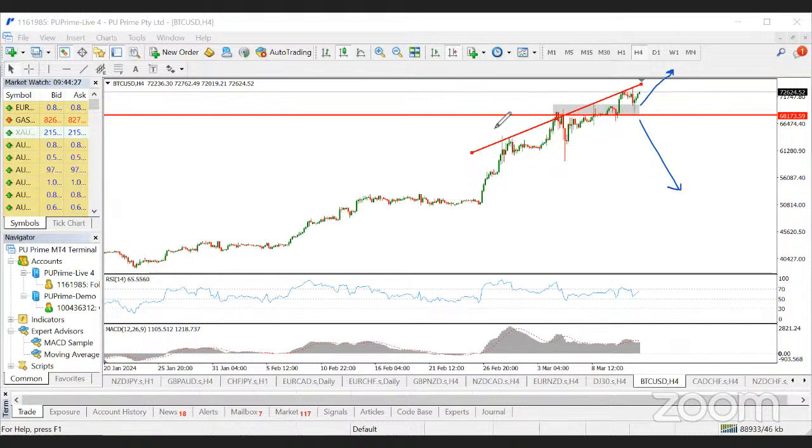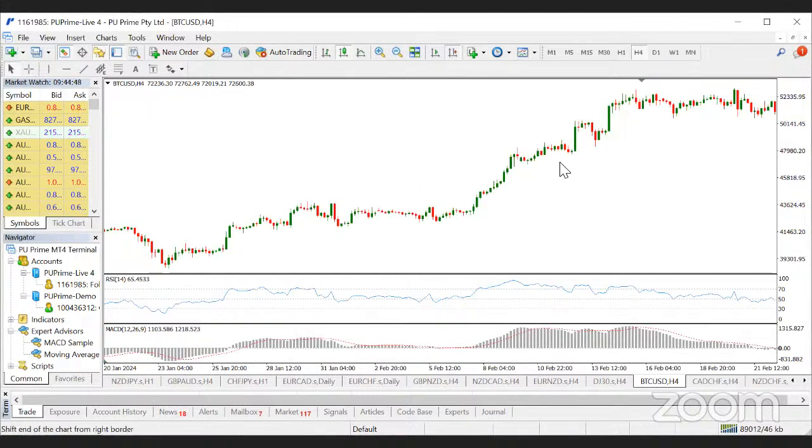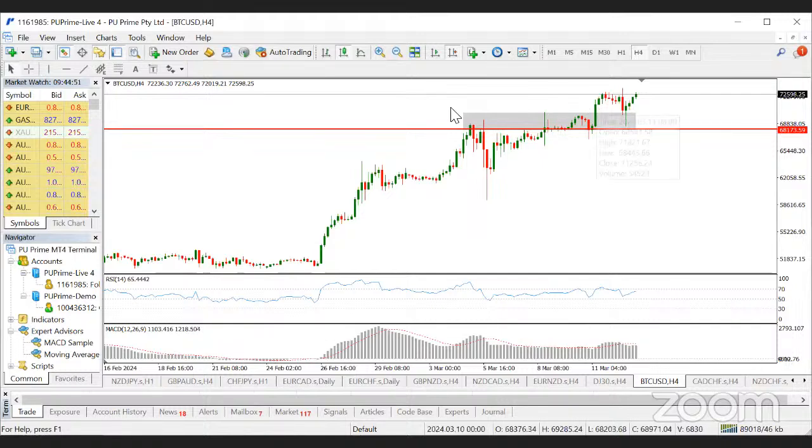I remember telling us that if you are to take a buy on the BTC, you need to wait for price to drop to the old support, then continue from there. And that seems to be what is happening in the market at the moment. Now, price is back at a minor resistance level.